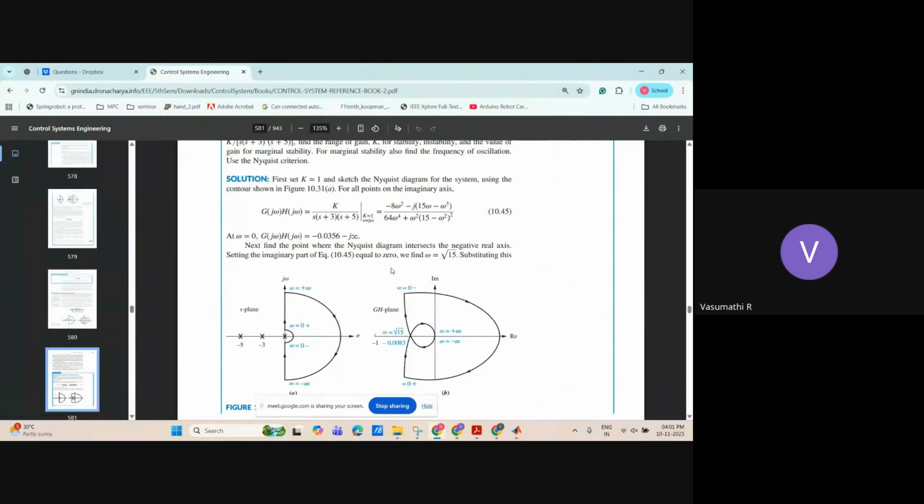I am trying to prove open loop unstable, closed loop stable, but I couldn't get any examples for that, even from this book. Okay, that's it. I will look for some example in some other books and I can show it in the next lecture.